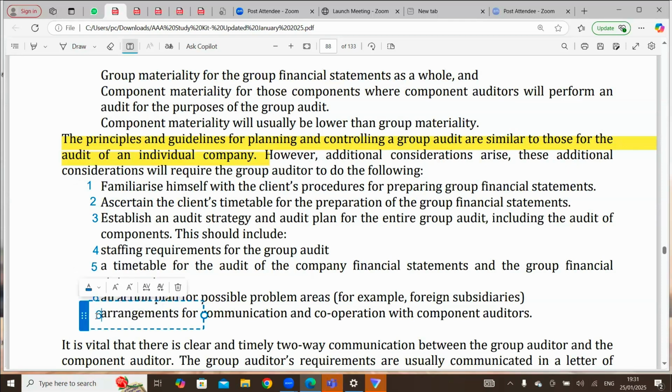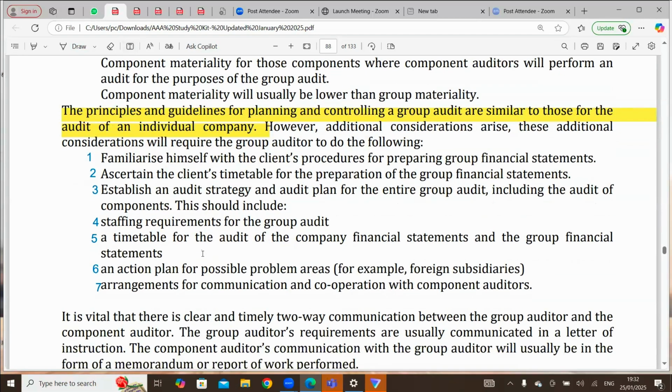And you know that if it is somebody that you're already used to working with, that is a different conversation entirely. But auditing a group company and knowing that you have to work with different component auditors that you are not used to working with just means more work on your part.